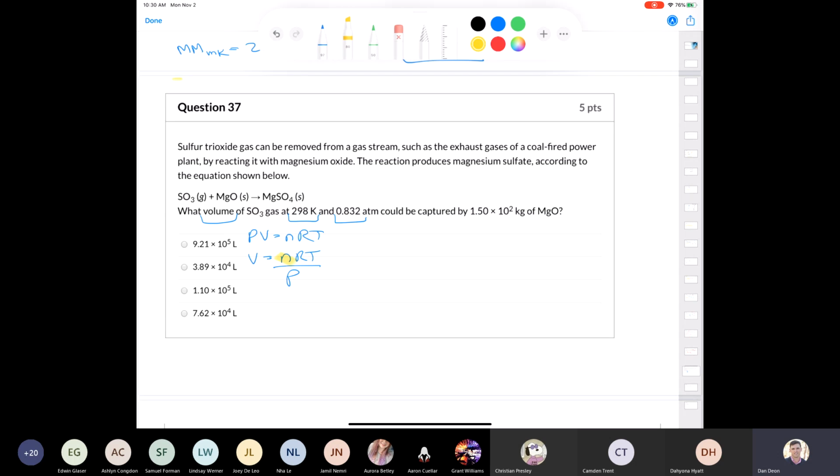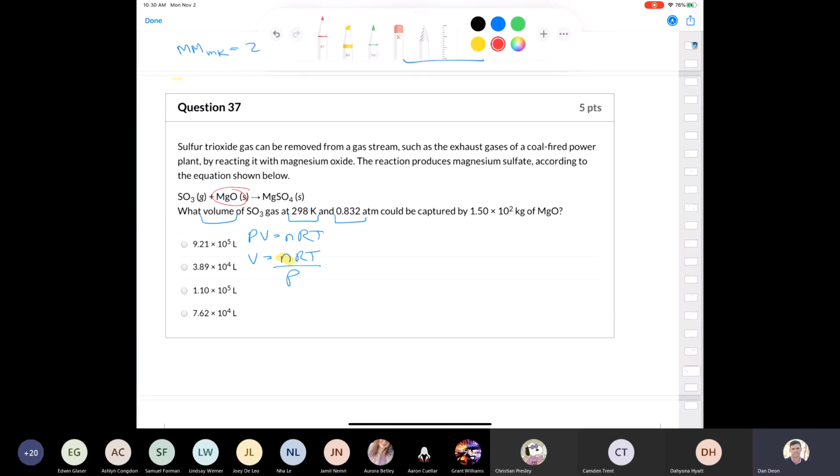Well, the good news is that they've given me the mass of magnesium oxide that I'm starting out with, and they've also given me a balanced equation. So if I'm starting out with 1.50 times 10 to the 2 kilograms of magnesium oxide, let's do a little dimensional analysis.